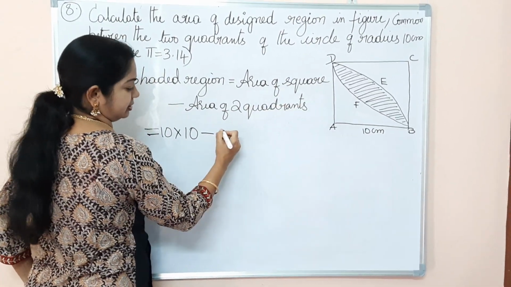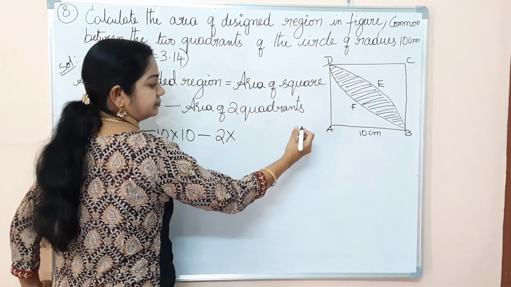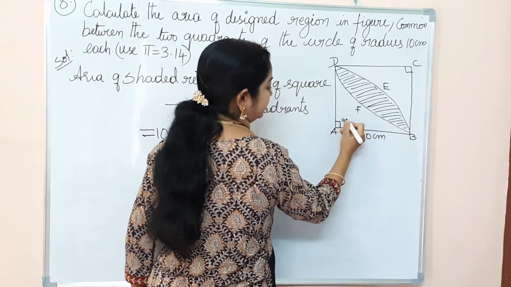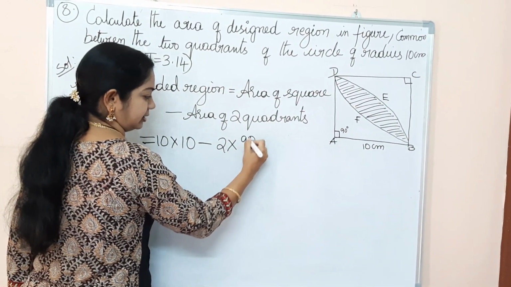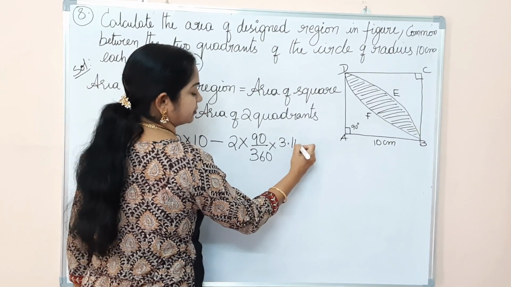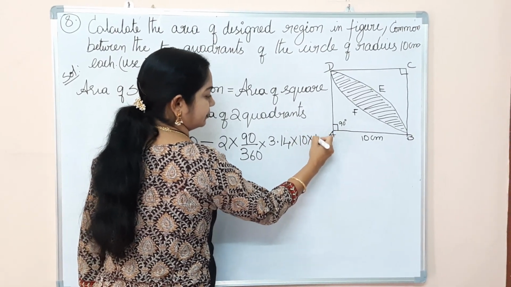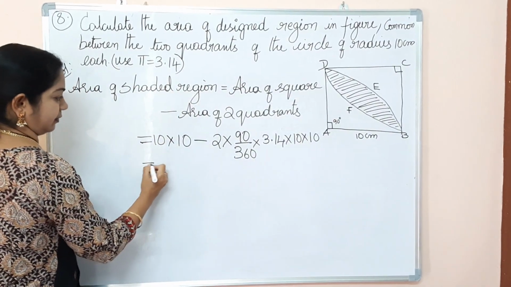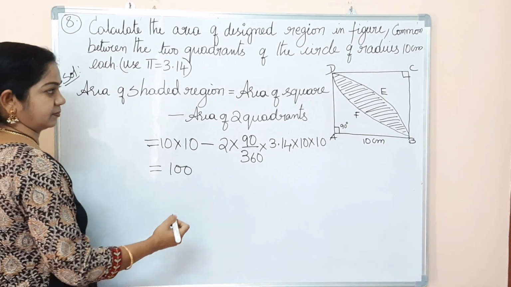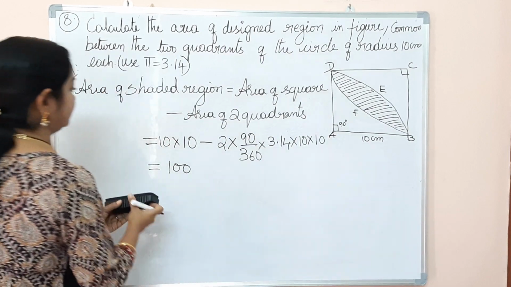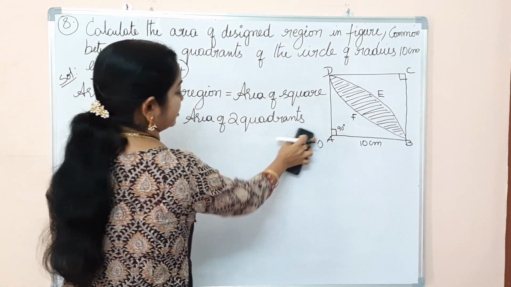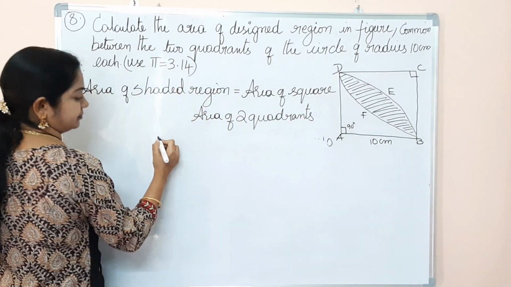Now one quadrant is a sector, so 2 into the sector, here with the center A and here with the center C. So center A is 90, C is also 90. 90 by 360 into the pi value given as 3.14 into r square, 10 into 10.